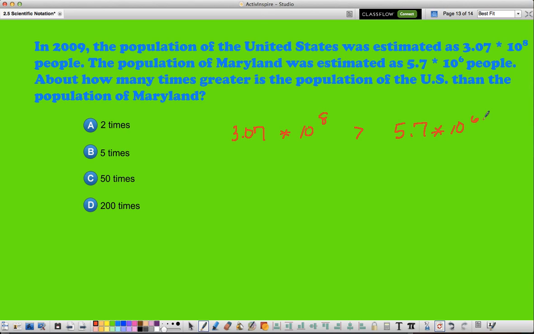So when I compare, it's going to be a little bit different. I know that 10 to the 8th is 100 times greater than 10 to the 6th.